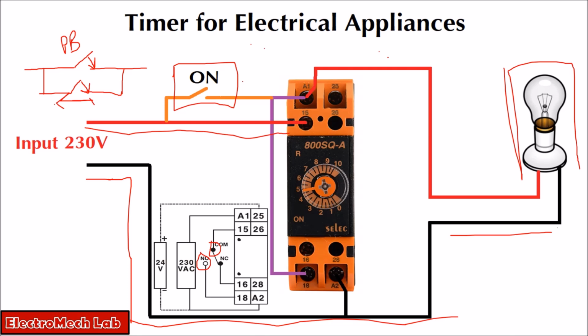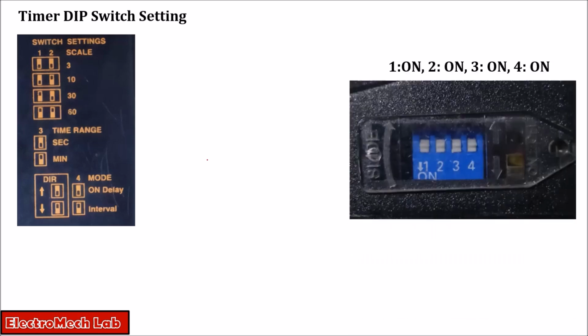So this is the circuit, and this is the setting of the timer. This is the scale, and this is the time range, second or minute, and this is the mode. There are two modes: on delay and interval. So we are using interval mode. And this is the physical picture of the dip switch.